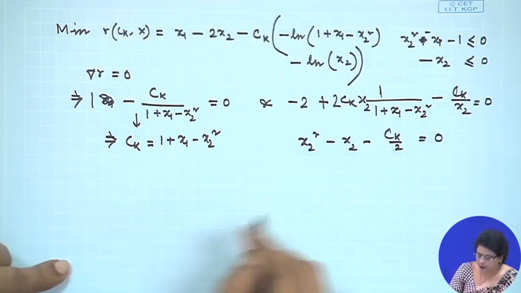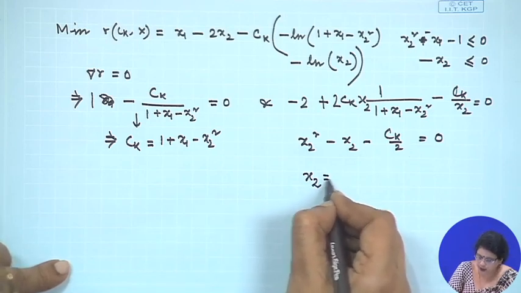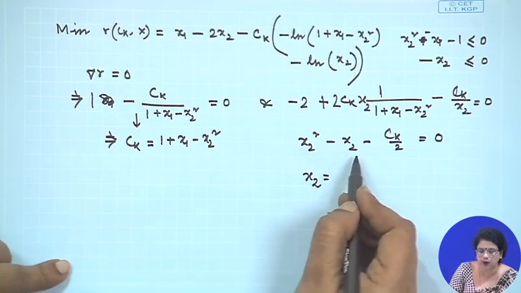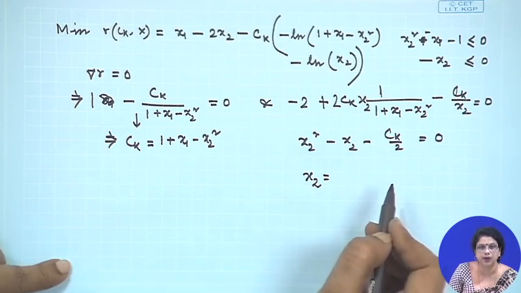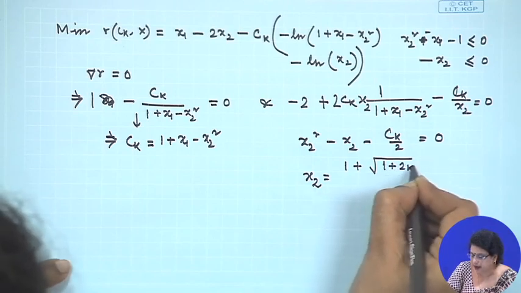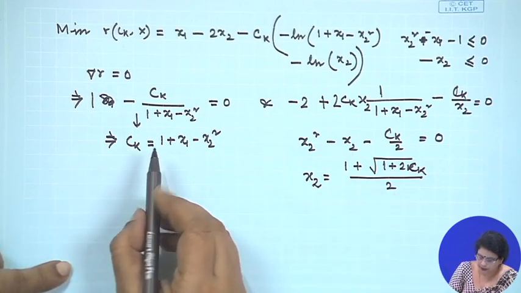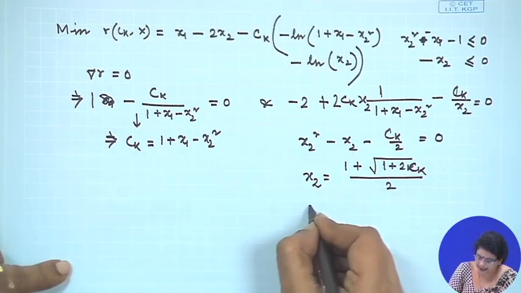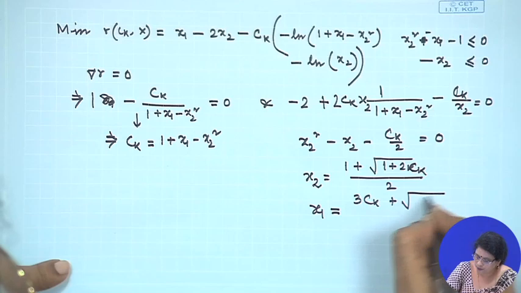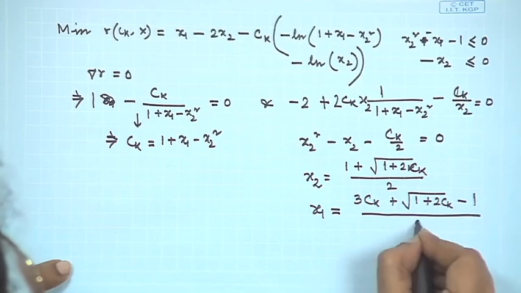From here we get two values for x2: one will be within the feasible region, and the other will not be within the feasible region. We take this one within the feasible region. You just check for the minus, it is not within the feasible region. If this is my x2, then we can substitute this value and we get x1 equal to 3 c k plus 1 plus 2 c k minus 1 divided by 2.